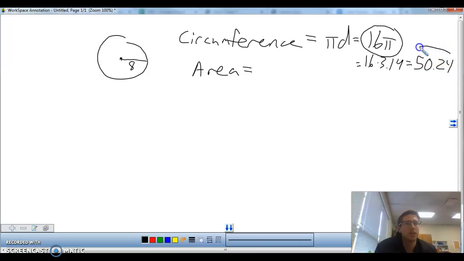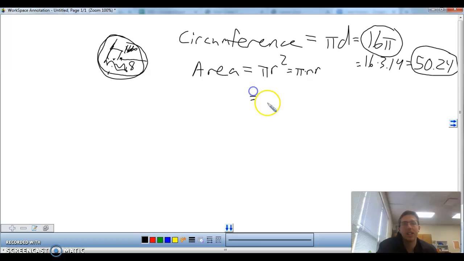So that's the circumference. Remember, circumference is just distance around the circle. That's the whole distance around this circle. Okay? Area is everything inside of it. All this. Okay? So area, remember we just talked about, is pi r squared. Or pi times r times r.